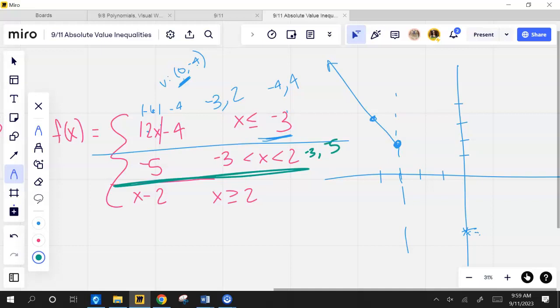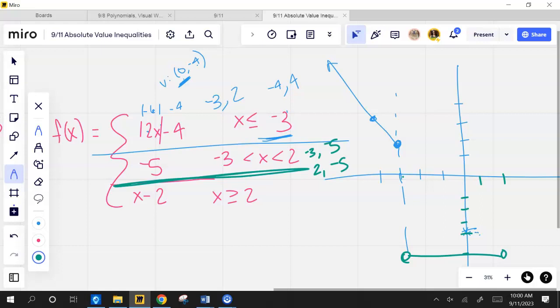So negative 3, negative 5. And then 2, what's y? Negative 5. No matter what, it's negative 5 because it's a horizontal line. Yes?